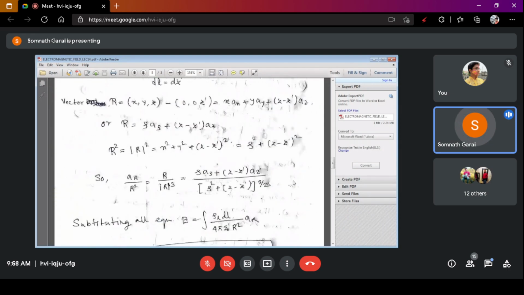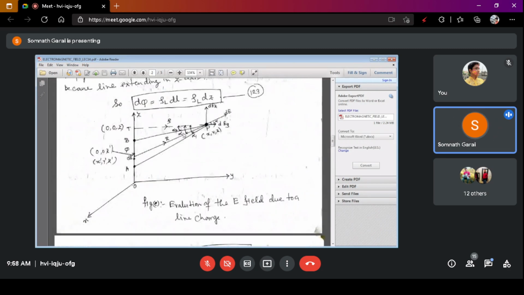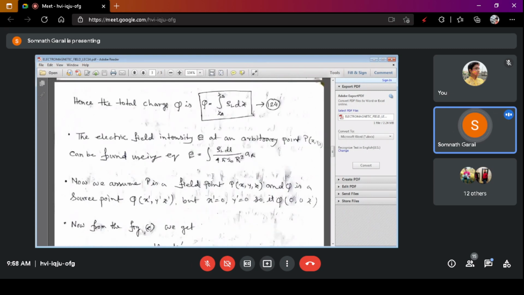Why? Because if this angle is changed, then the change of alpha from alpha 2 to alpha 1, for any arbitrary angle alpha, the electric field intensity at this point will change. So first we have established an equation with respect to alpha.